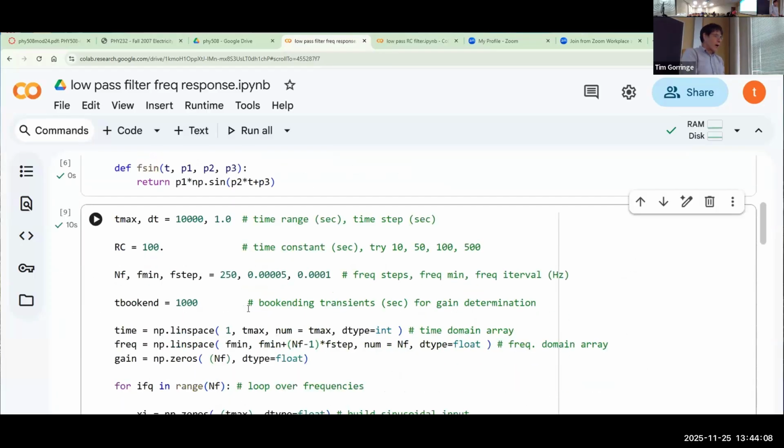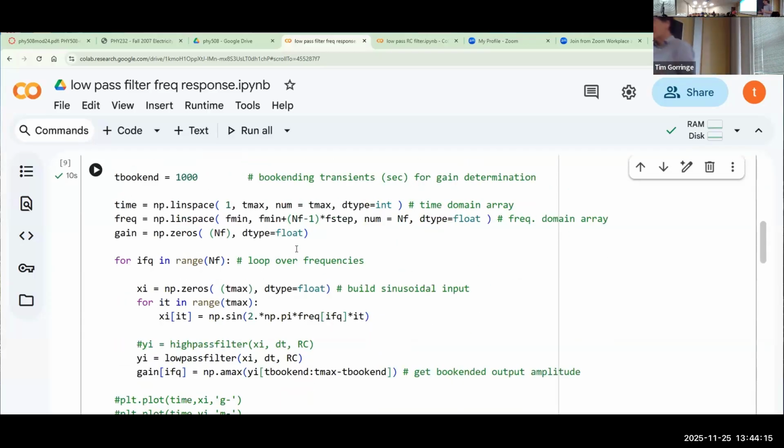And I also made a user function that's going to make a sine wave. If you remember the frequency response that we looked at, where we put in the sine wave and looked at the output sine wave, at low frequencies it went through the filter, at high frequencies it was extinguished by the filter, and somewhere around the time constant of the filter, it was somewhat attenuated.